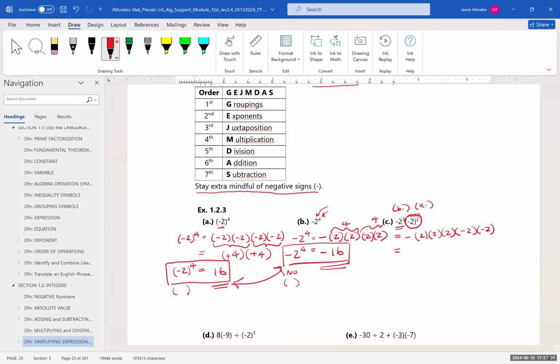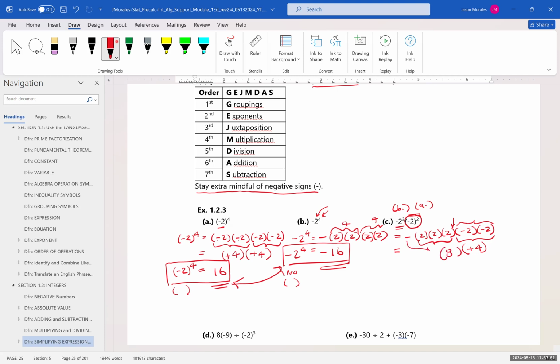All right. Let's see here. So what I'm noticing off the bat is that on the right-hand side, we have a negative times a negative. So that's going to give us a +4. And we've got juxtaposition, so we've got multiplication here. And 2 times 2 times 2 is 8.